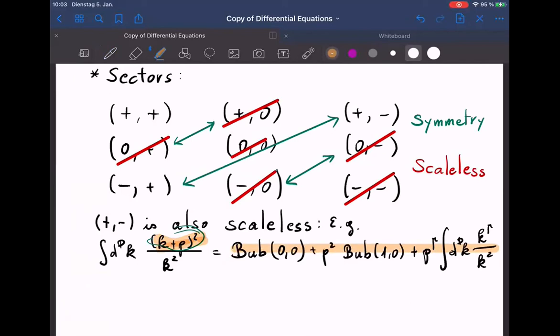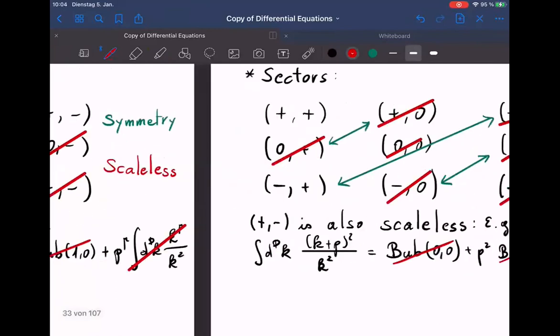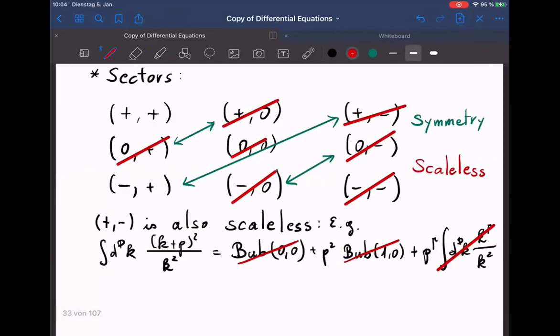But we said that 0, 0 vanishes. 1, 0 would be here. That also vanishes. And the last one is 0 by itself, because it does not depend on any energy scale. So also this element up here must be 0.